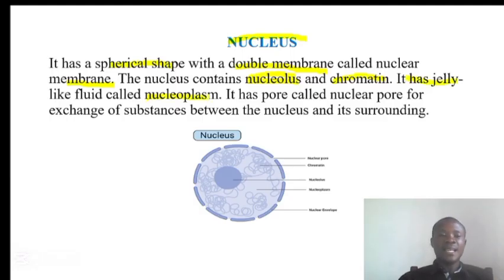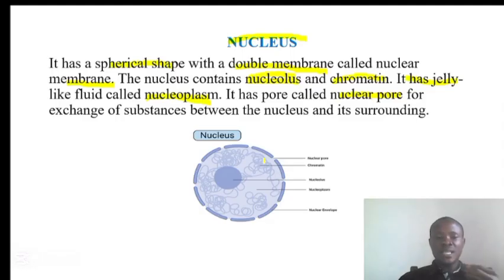It has a jelly-like fluid called nucleoplasm. Within the membrane, it has pores we call the nuclear pores. It is through this pore that the messenger ribonucleic acid, mRNA, will pass, and even other substances.